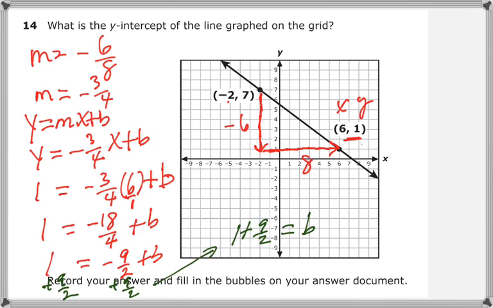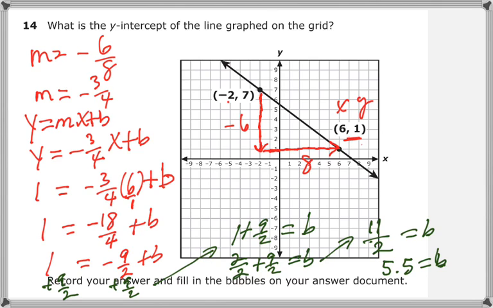Now we need a common denominator, so we can rewrite 1 as 2/2, plus 9/2 equals b. This gives us 11/2 equals b. To convert this into a decimal, 2 goes into 11 5 times, leaving us with 1/2 left over. So 5.5 is our y-intercept.